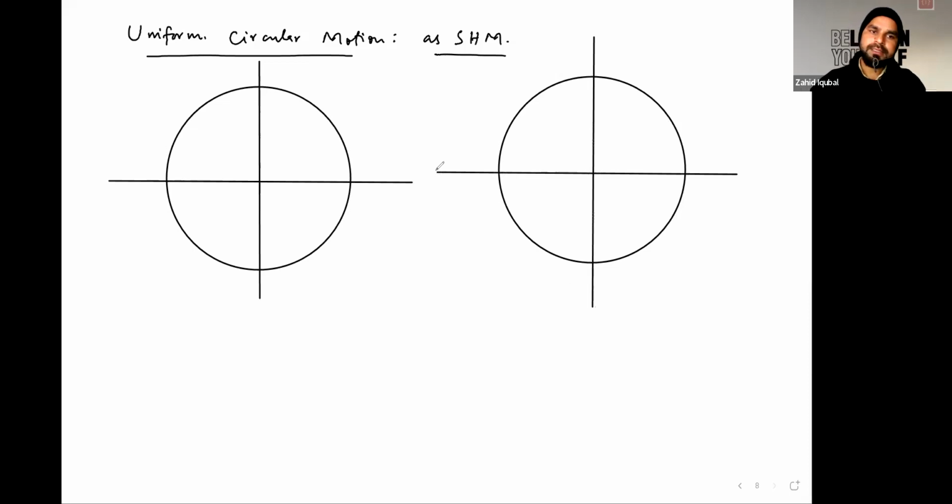Suppose at any instant there is a particle at this point which is going around the circular path. So at some instant it will be at this point, this.